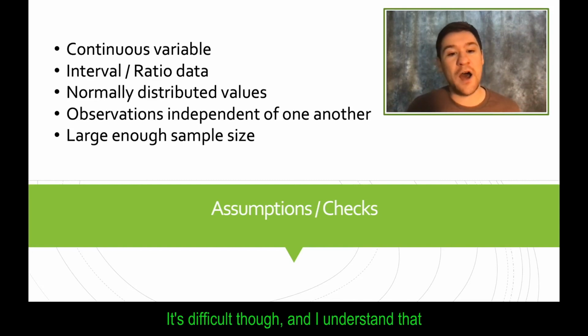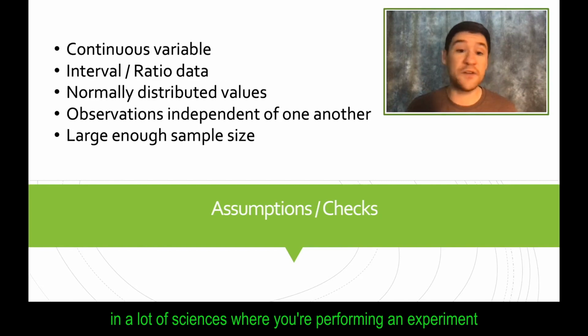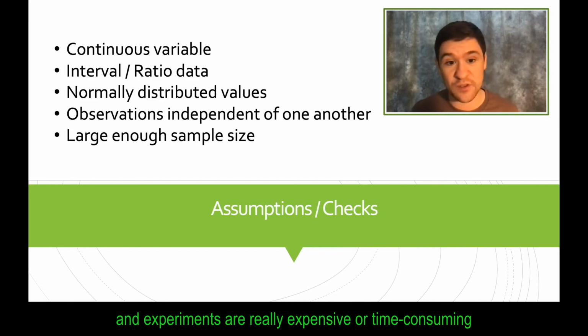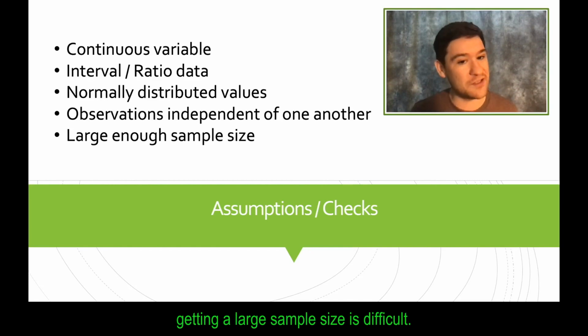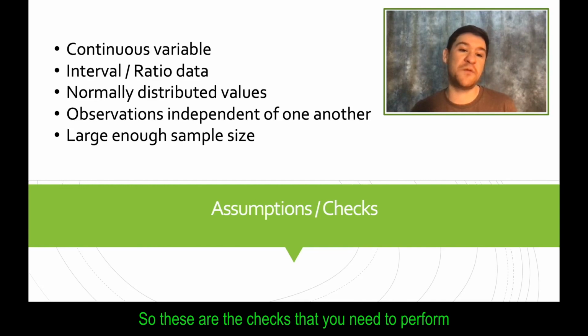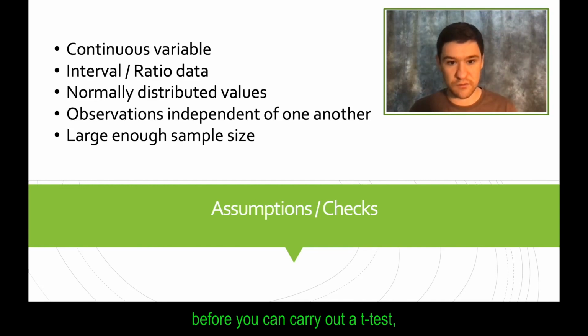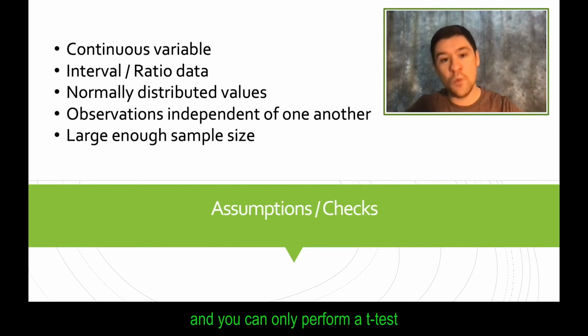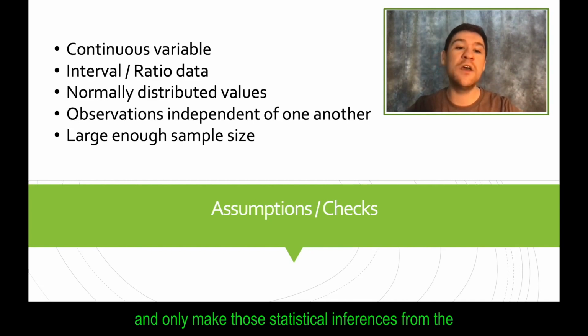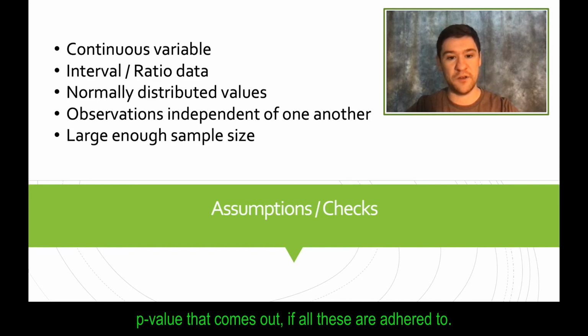It's difficult though, and I understand that in a lot of sciences, where experiments are really expensive or time consuming, getting a large sample size is difficult. So these are the checks that you need to perform before you can carry out a t-test, and you can only make those statistical inferences from the p-value that comes out if all these are adhered to.